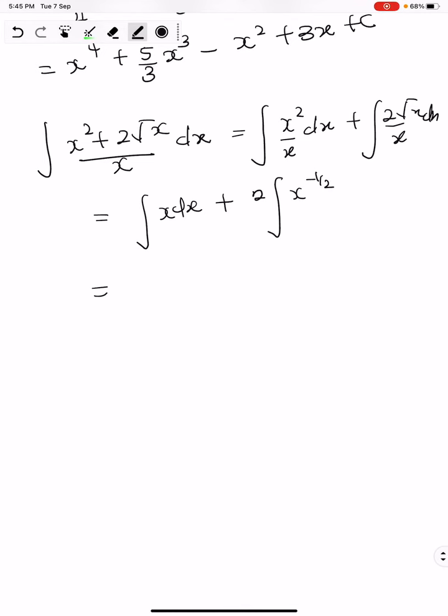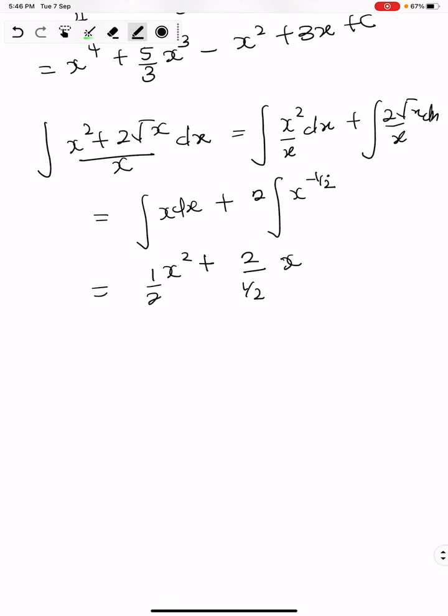And this is equal to 1 over 2 x squared, plus, we add 1 to the exponent, minus half plus 1, that will be a half. So we have 2, and we divide this by the half.